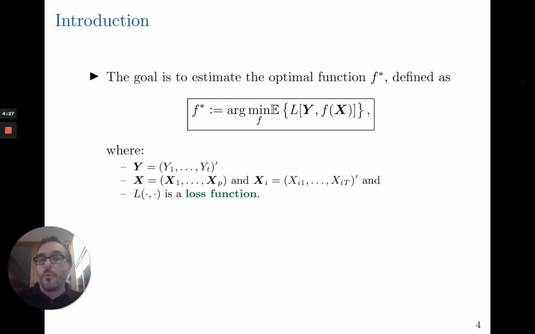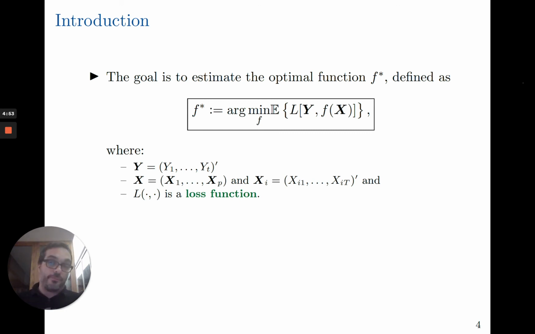So what's the goal when we talk about global optimality? What do we want? What's our target? So basically, we want to estimate an optimal function f star, which is the minimizer of the expected loss function between y and f of x. Okay, so we define a loss function.